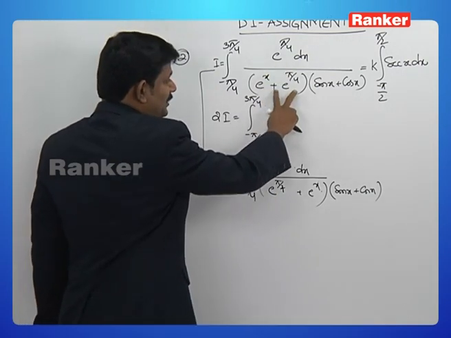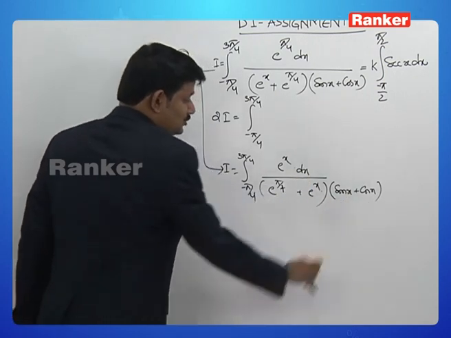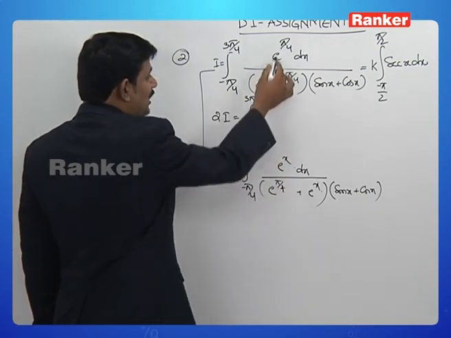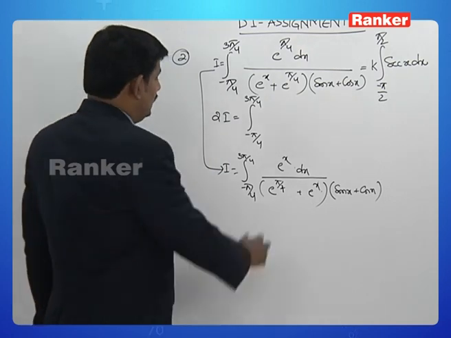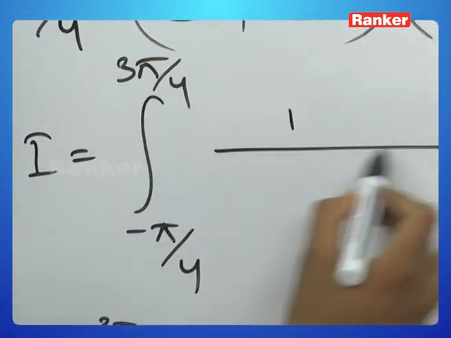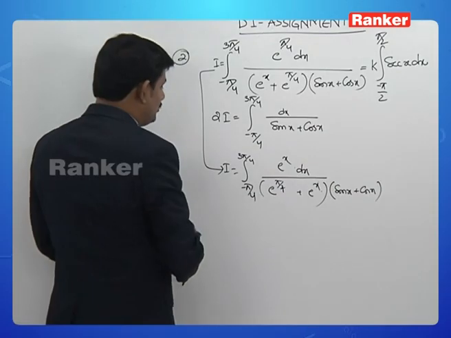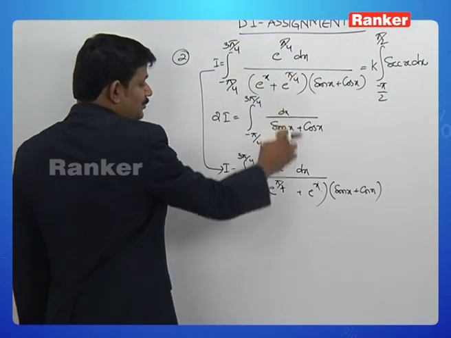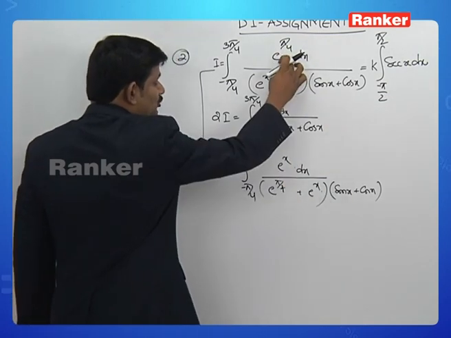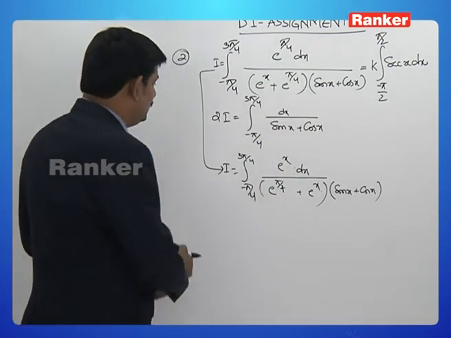The denominators are both the same, (e^x + e^(π/4)) (sin x + cos x), so we can simply add the numerators, and e^x + e^(π/4) gets cancelled with the factor in the denominator, and we will be simply left with 1 by (sin x + cos x) dx.